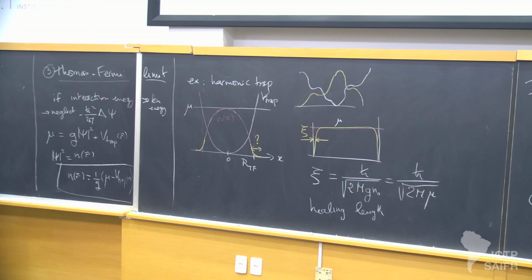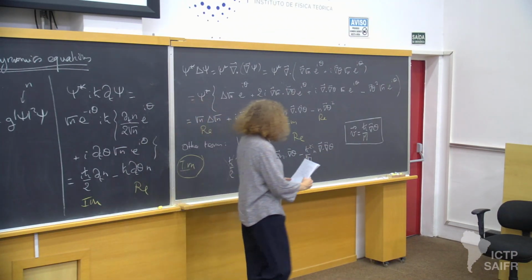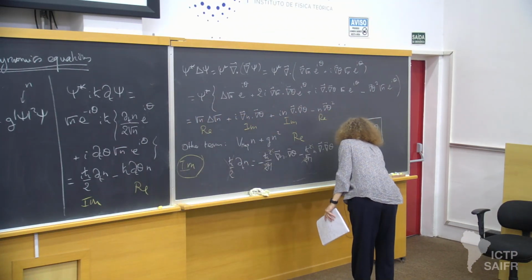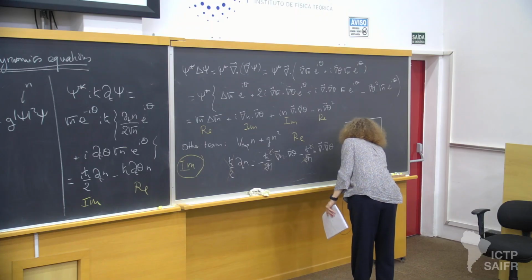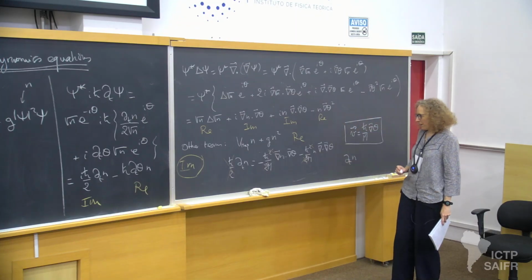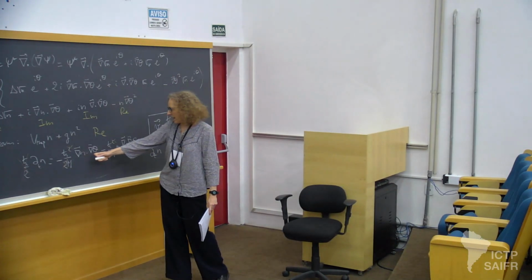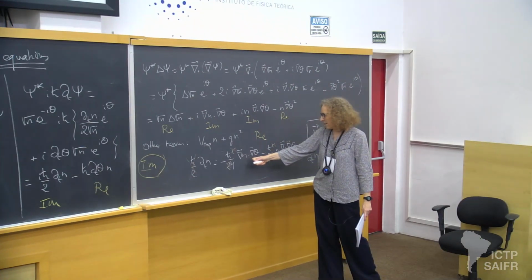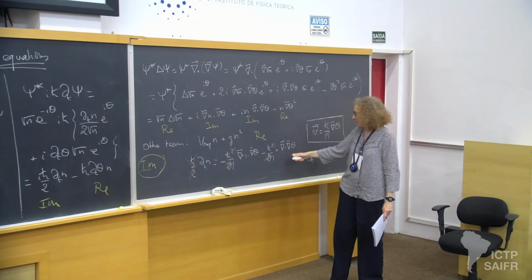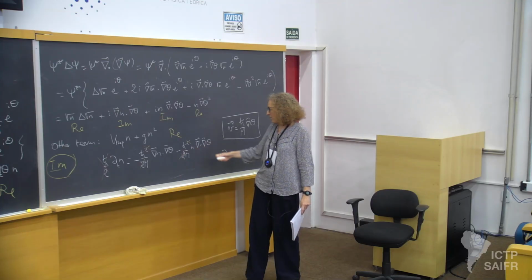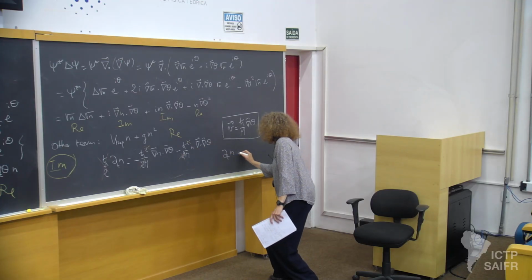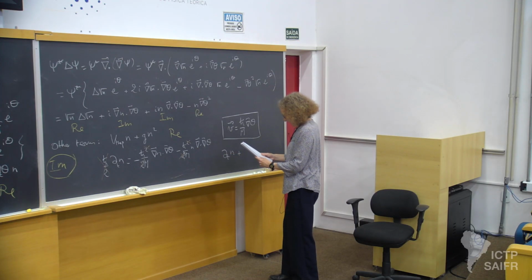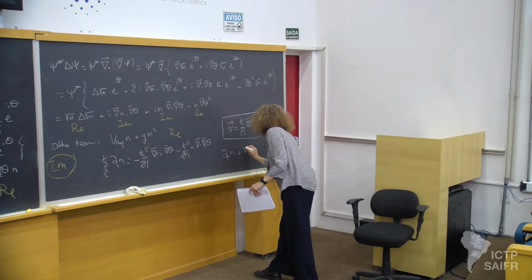And now that I have replaced gradient of theta times h bar over m by the velocity, what I find simply is what is called the continuity equation. So time derivative of n plus, and so now I have gradient of n times v, and this is n times the divergence of v, which I can also write under the form the divergence of n times v.